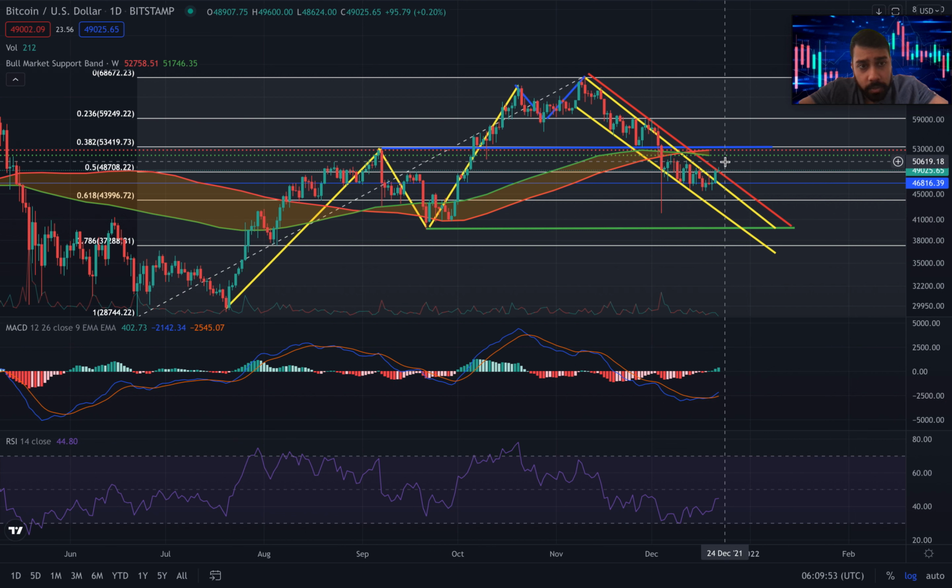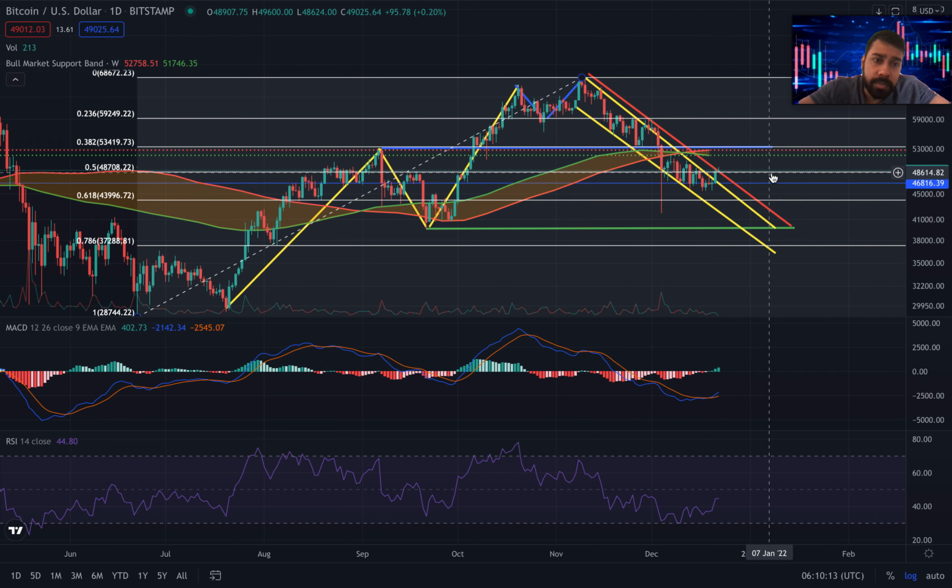Okay, so what we would possibly see is us holding support at 48,800, around there. So trade between 48,800 to 49,500, hold that as support and get above the bull market support band.